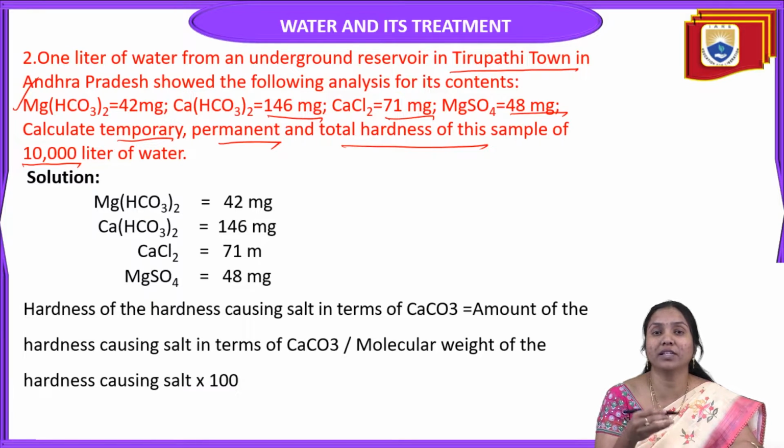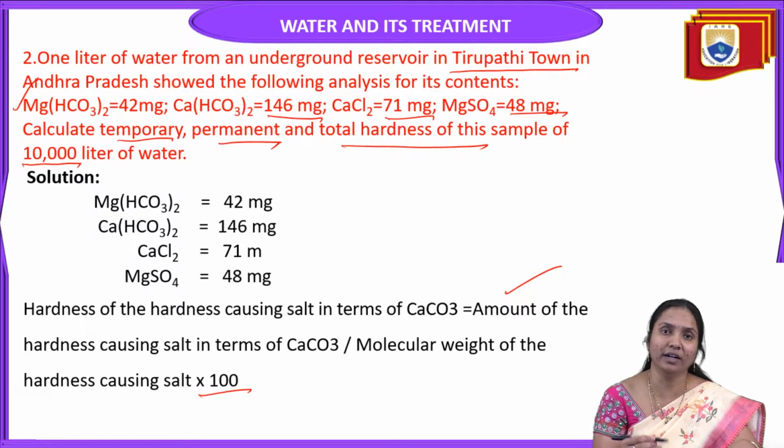So what is the first step? All the hardness causing salts are converted into CaCO3 equivalent terms. The formula for conversion to equivalent of CaCO3 is amount of hardness causing salt by molecular weight of hardness causing salt into 100.